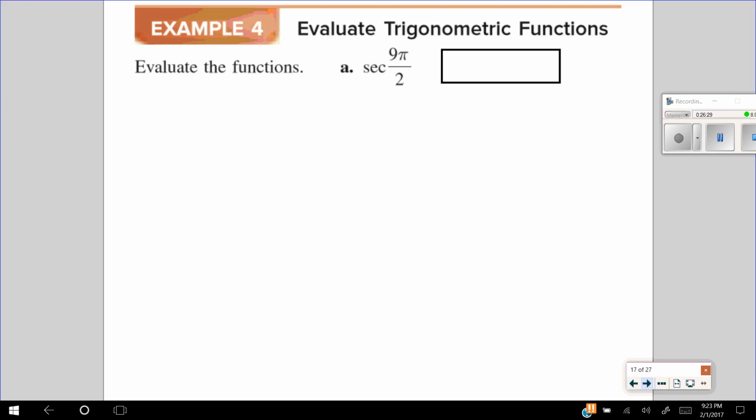This one is another example now, but this is a unique example because when I look at 9 pi over 2, my first thought is to quickly convert this. So pi over 2 is kind of one of the weird ones. It's the 90-degree angle, which then when I multiply that by 9 of them, I get 810 degrees.